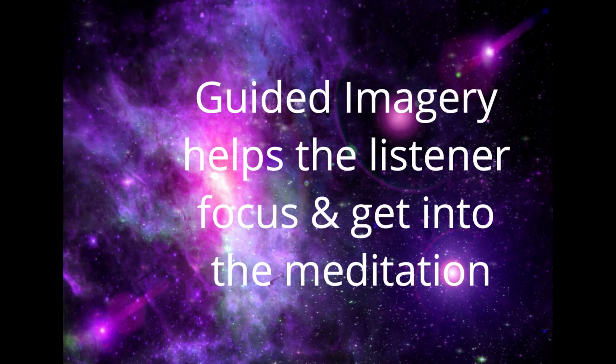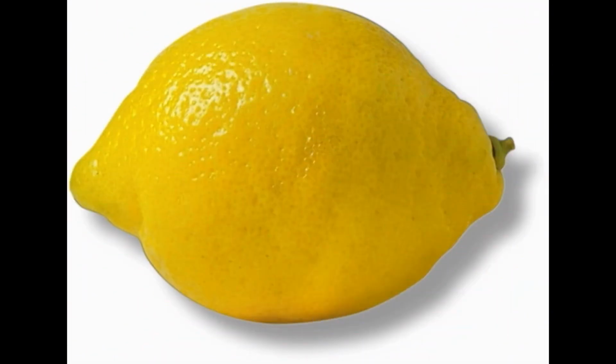So imagine that you're standing in a beautiful kitchen and you see a clean, organic lemon sitting on a wooden cutting board. The room is quiet, except for the gentle hum of the ceiling fan that spins around and around above your head. You feel the gentle breeze in the room.